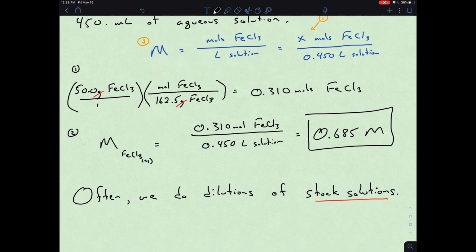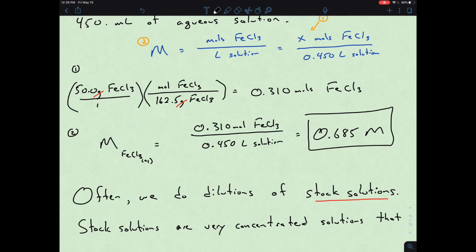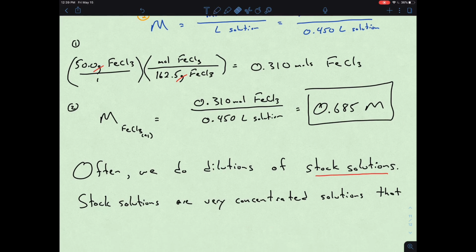Stock solutions are basically very concentrated solutions. And since they're concentrated, that means that we can actually dilute them.